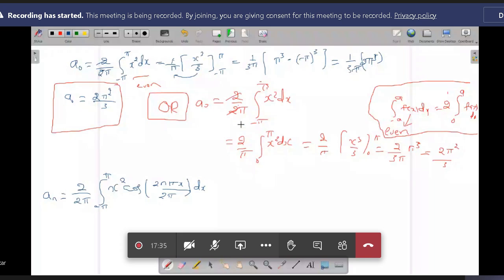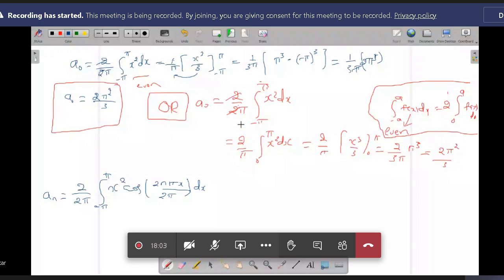Now you use this property, what I am marking with a star. What this property tells is, if we have the integration from minus a to a of f of x dx and f of x is even, it becomes 2 times the integral from 0 to a. Now we are reducing the interval of minus pi to pi to consider only 0 to pi.